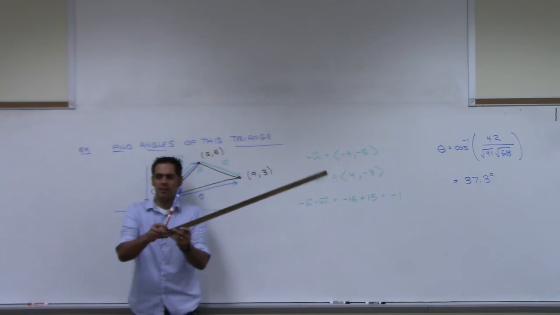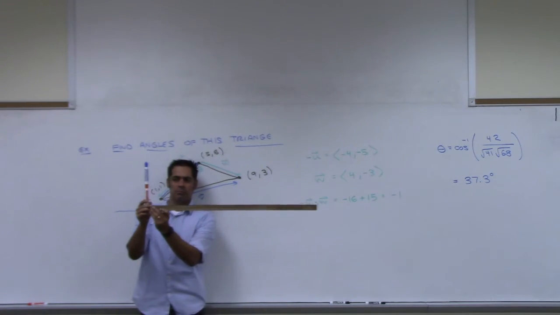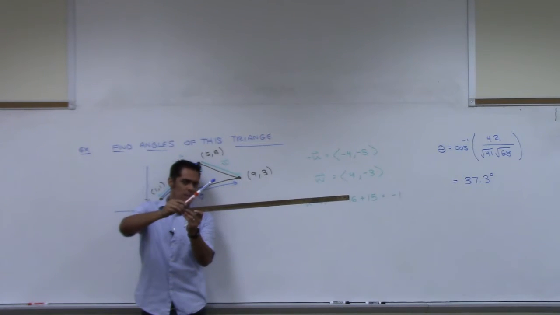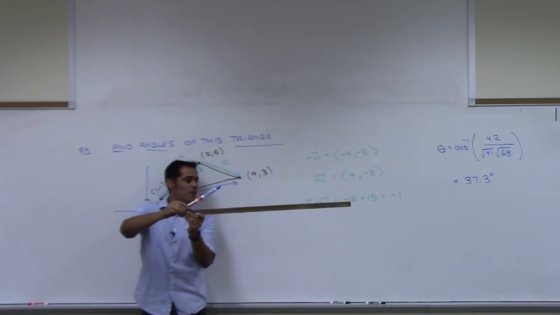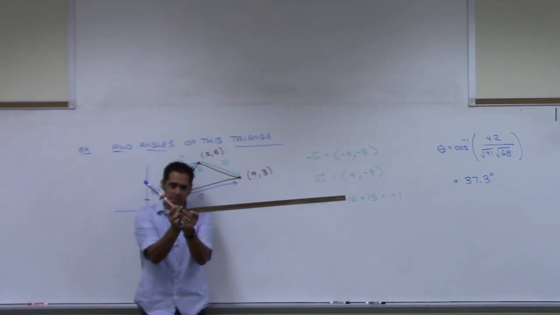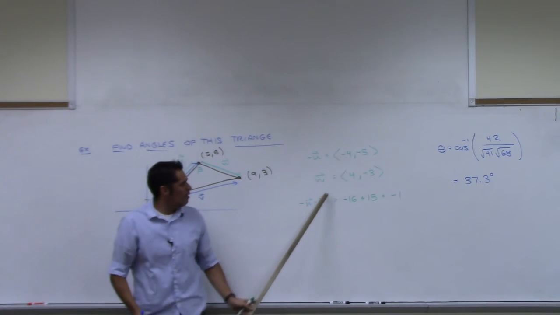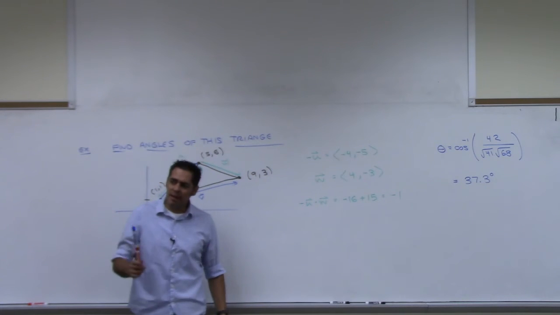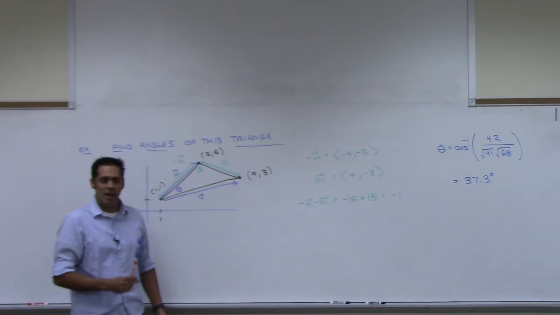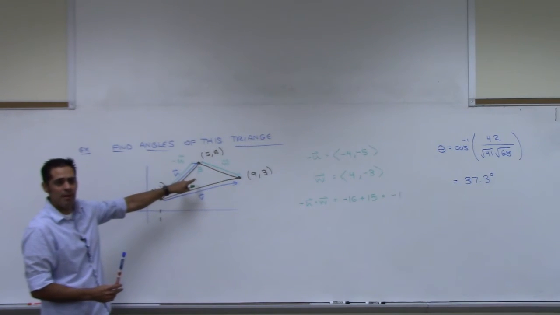If I have two vectors, what's their dot product if they're orthogonal? 0. If the angle between them is smaller than 90 degrees, the dot product will be positive. If the angle between them is bigger than 90 degrees, the dot product will be negative. So right now, our dot product being negative already is telling us that the angle between these two is bigger than 90 degrees. Now, I don't know what it is, but it's going to be bigger than 90. And you can tell from the picture, it looks like it should be, right?